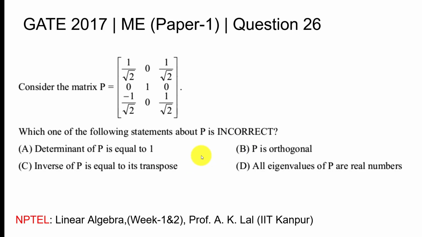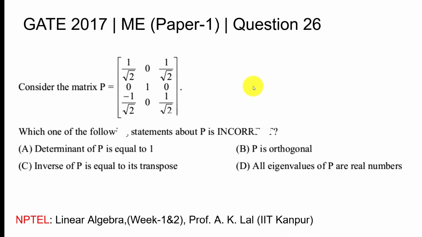We'll go ahead with the problem, but before proceeding, if you want to know more about matrices, their properties and basic matrix multiplication, you can look into this NPTEL lecture in linear algebra by Professor A.K. Lal from IIT Kanpur.